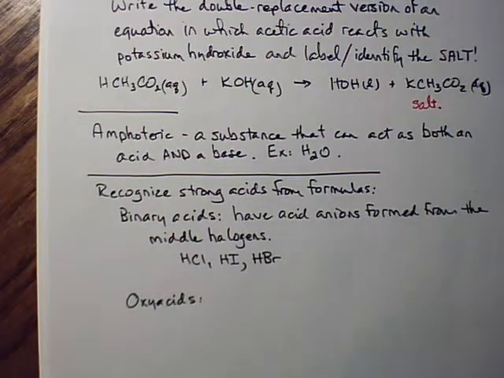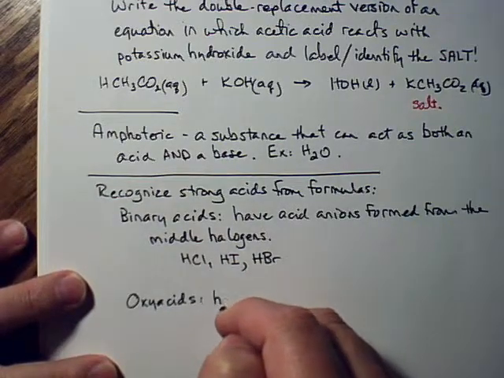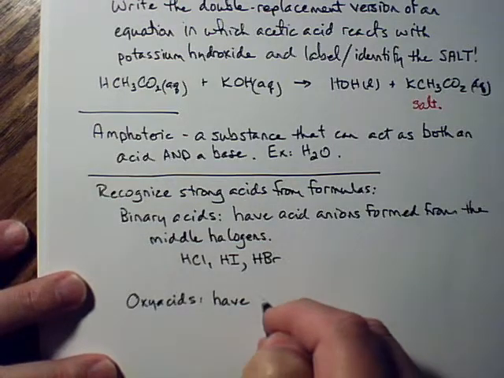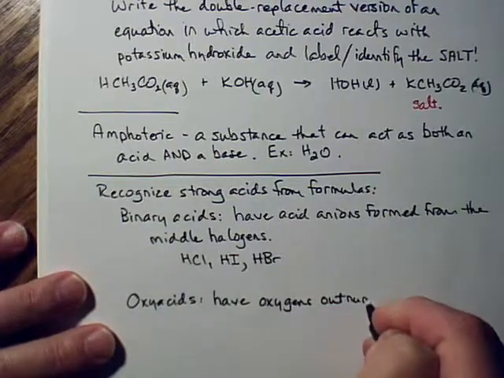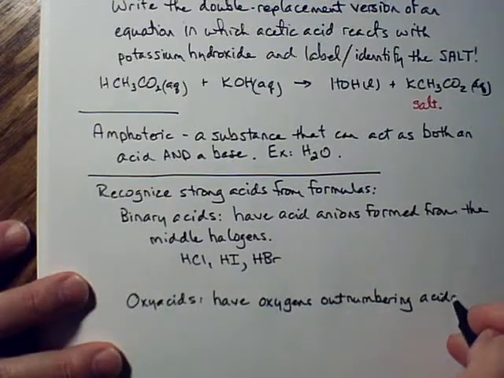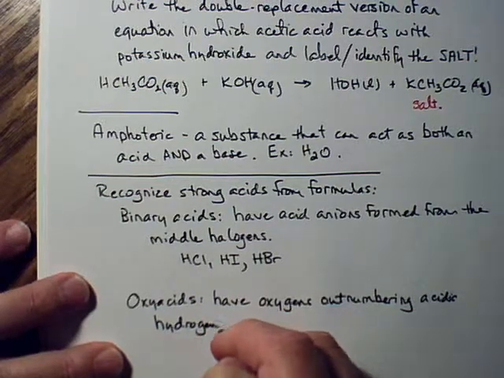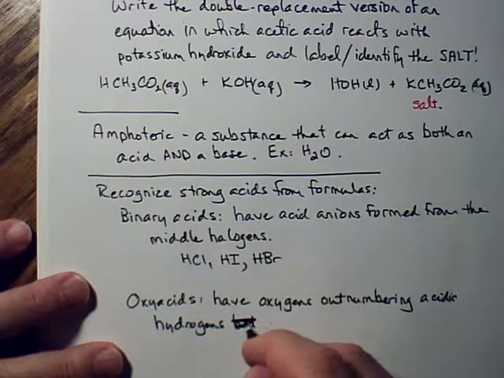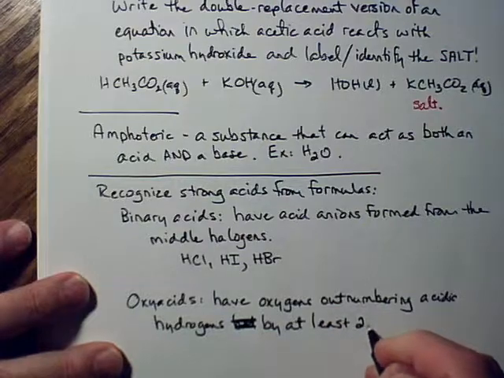Now, the simple rule for strong oxyacids is that strong oxyacids have oxygens outnumbering acidic hydrogens by at least 2.